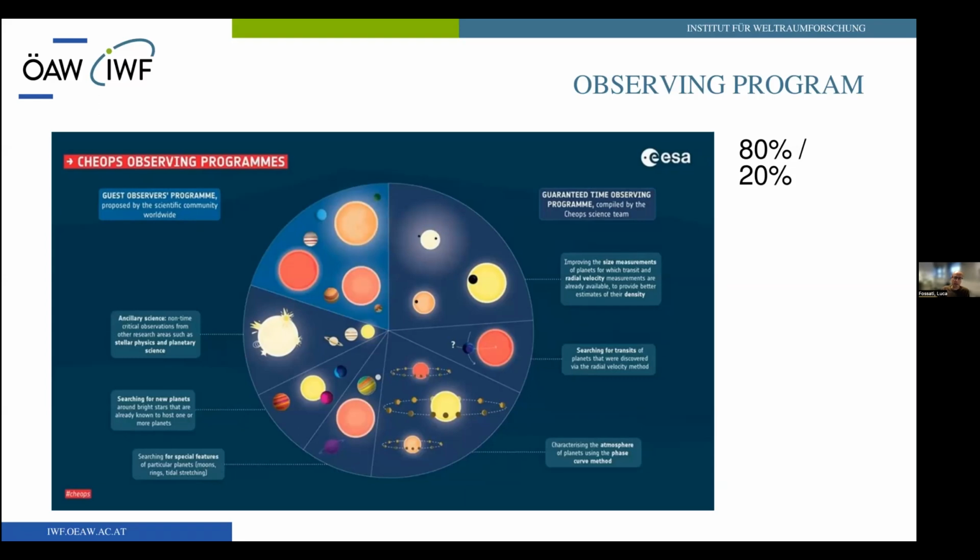And then finally we have a program dedicated to everything else, and that's mostly stellar physics, so stellar variability, stellar activity, and we have even done occultations of dwarf planets of the solar system.